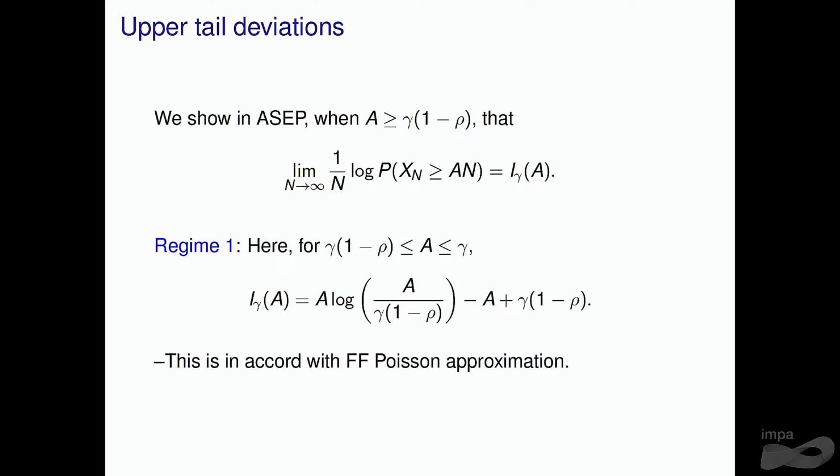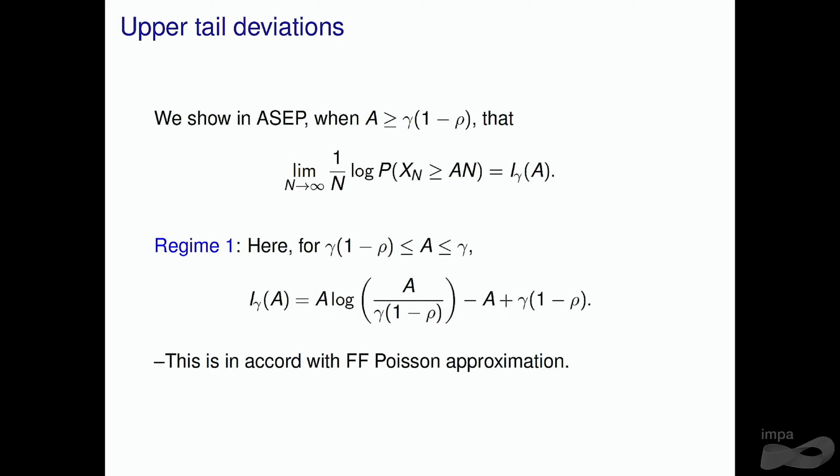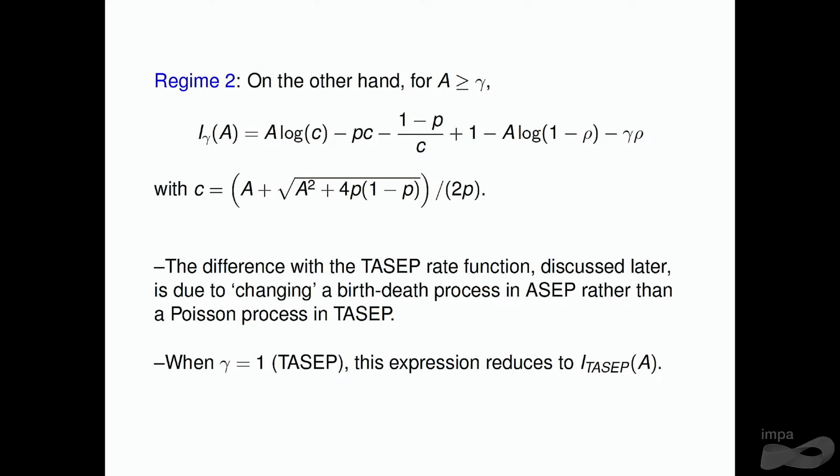It turns out that in this regime, the one closer to the typical velocity, the answer is yes. So you actually get what is suggested by the Ferrari-Fontes approximation. On the other hand, for a bigger than gamma, you get something a little bit different.